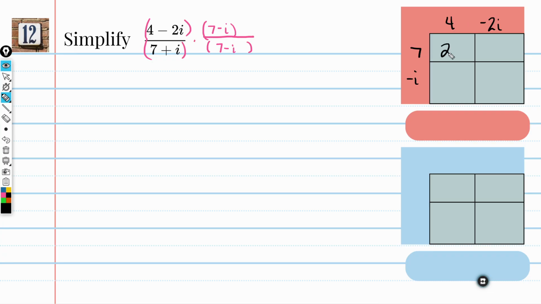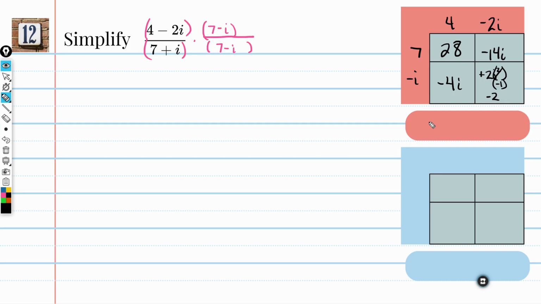And so 7 times 4 is 28. 7 times a negative 2 is negative 14I. Negative I times positive 4 is a negative 4I. Negative I times negative 2I is a positive 2I squared. I squared becomes a negative 1. And that, when we multiply, gives us a negative 2.